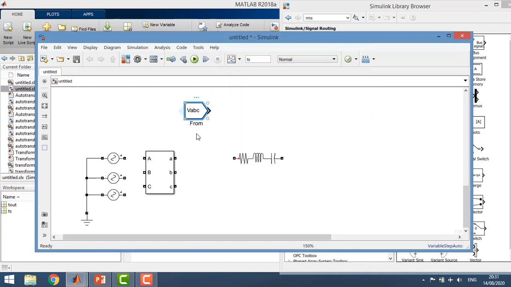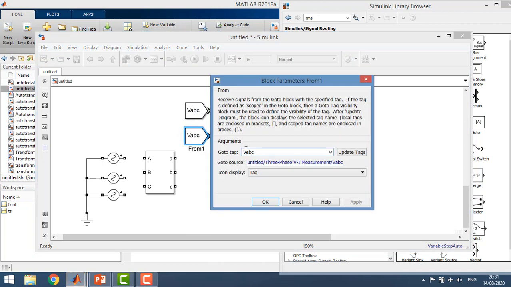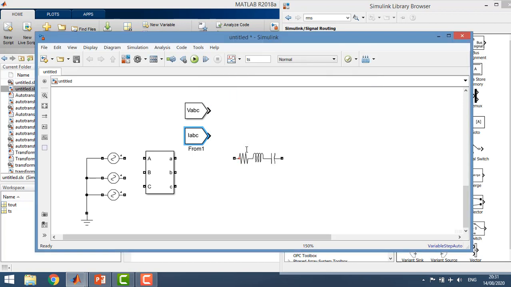And for the current as well, just like that. Input and output.